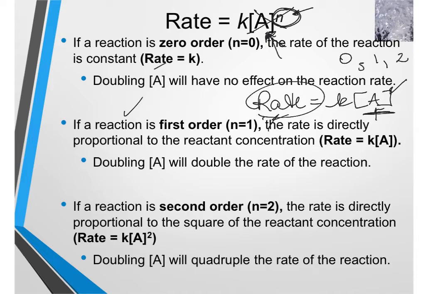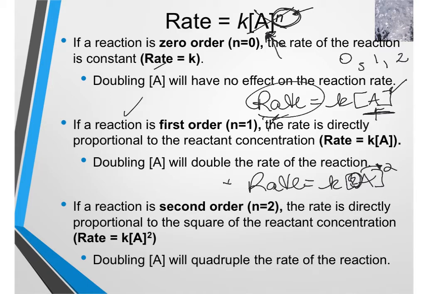Now, let's say the n is 2, so that you end up with an expression like this. Your exponent is 2. What does that mean? That means that every time we, let's say, double the concentration of A, what's going to happen to the rate? That 2 is going to be squared, okay?